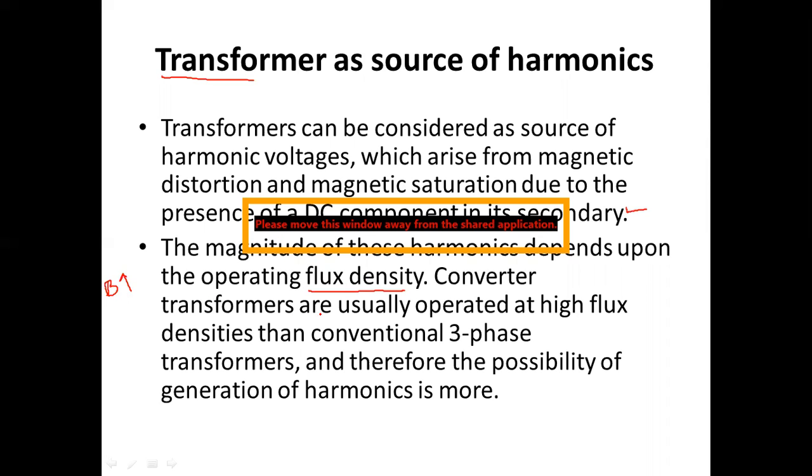Converter transformers are usually operated at higher flux density than conventional three-phase transformers, and therefore the possibility of generation of harmonics is more. Okay, this is all about the transformer harmonics. The other two sources we will discuss in the next video.